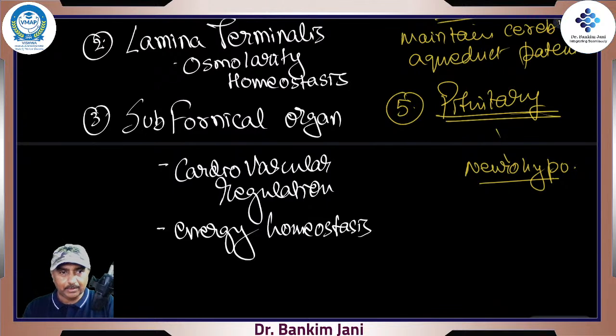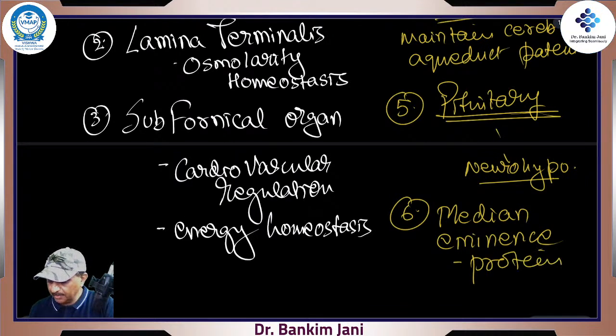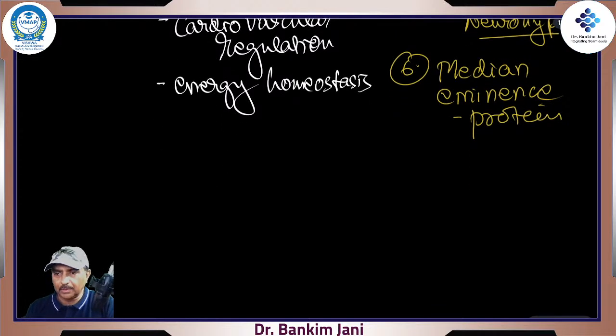The next one is the median eminence. This median eminence will be releasing proteins and neurohormones, neuronal hormones.